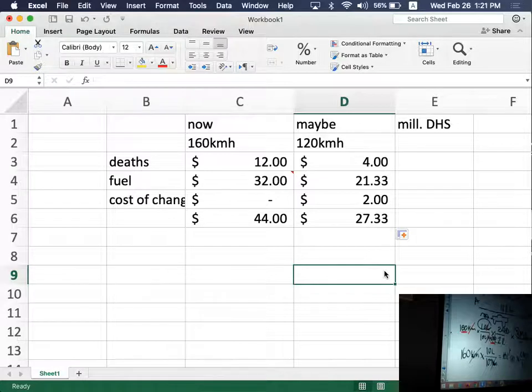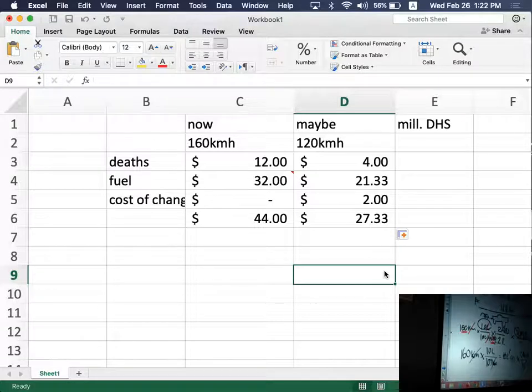Per car per year. Oh, this is divided per car per year. So 1 car, 2 passengers. Is this what we did? Oh no, with the 2 million before. Oh, yeah, exactly. So can I go back?